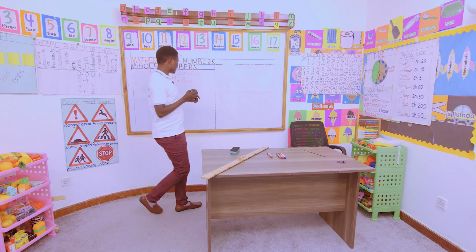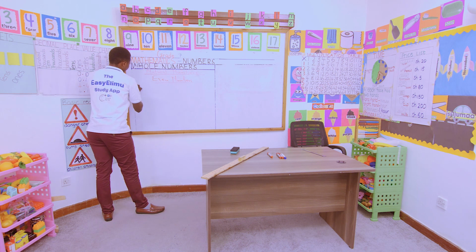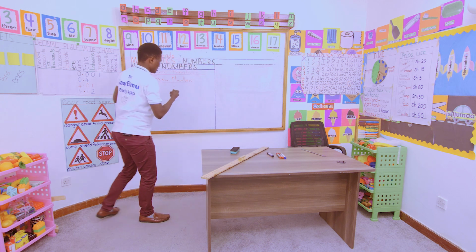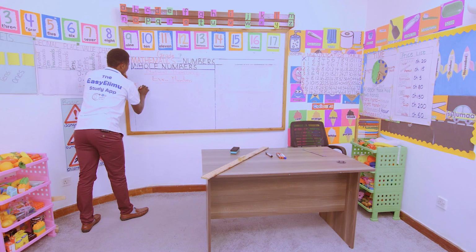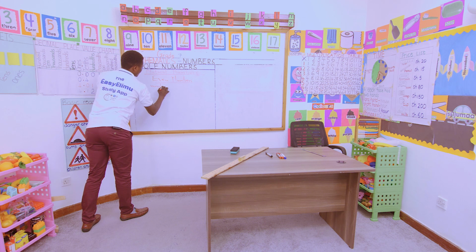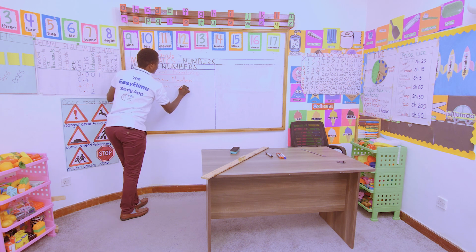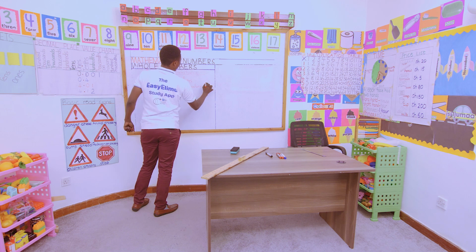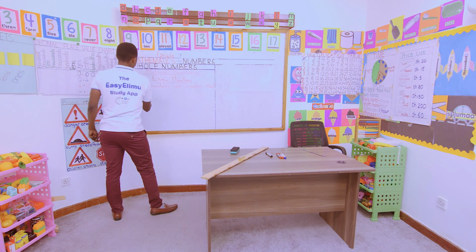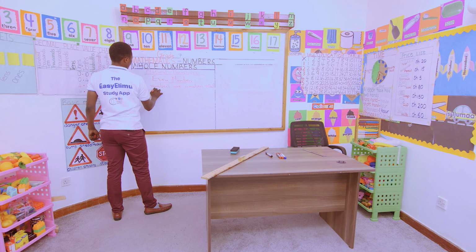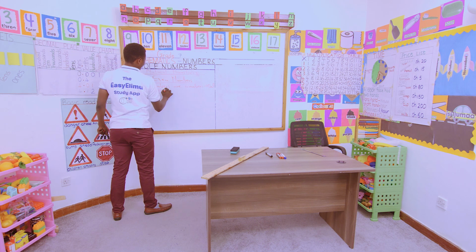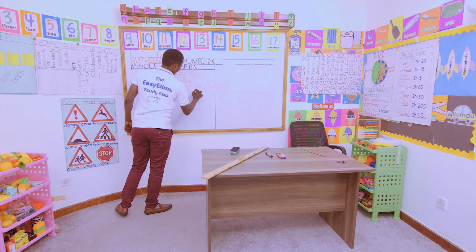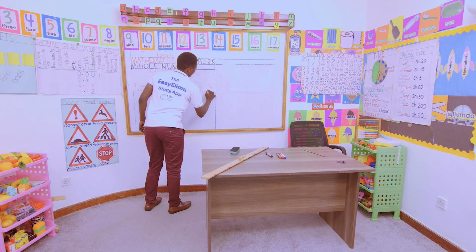In simple terms, even numbers are numbers that are completely divisible by 2.